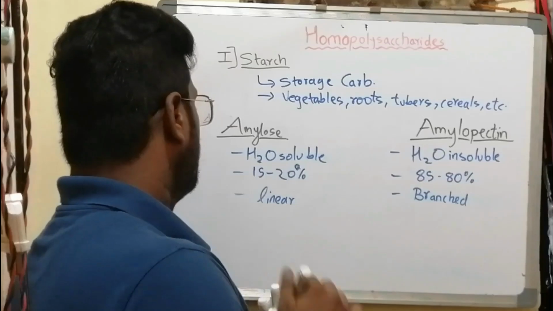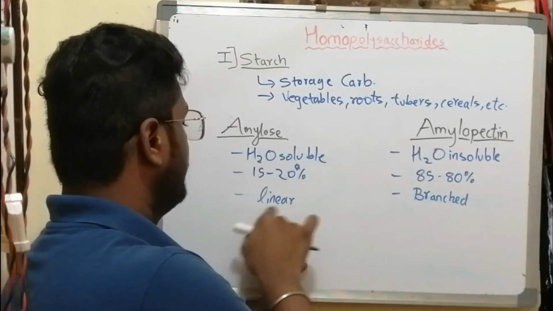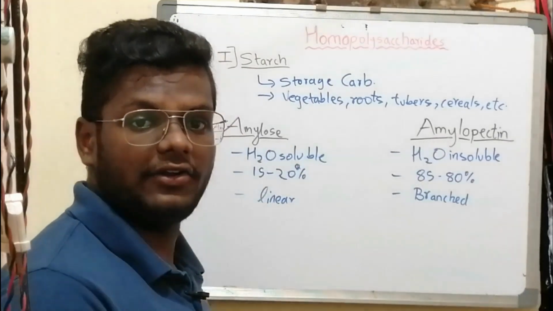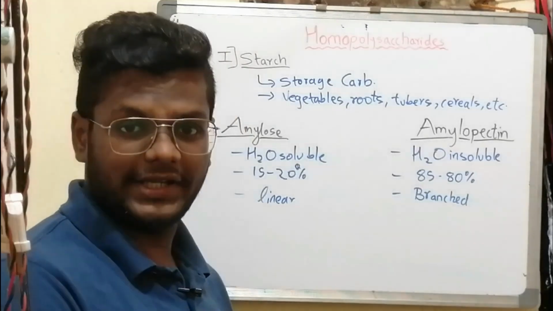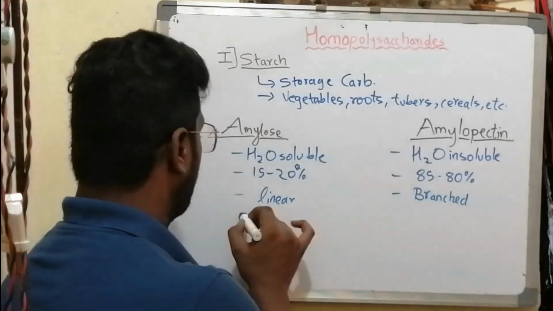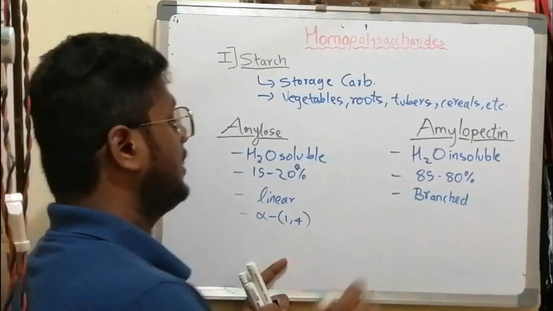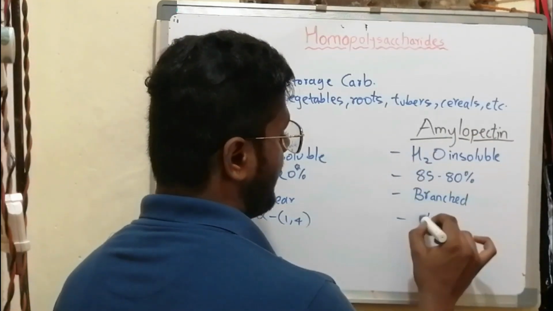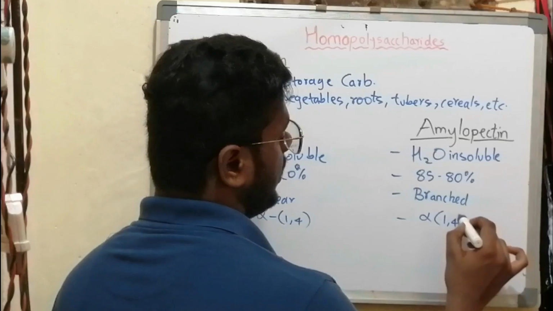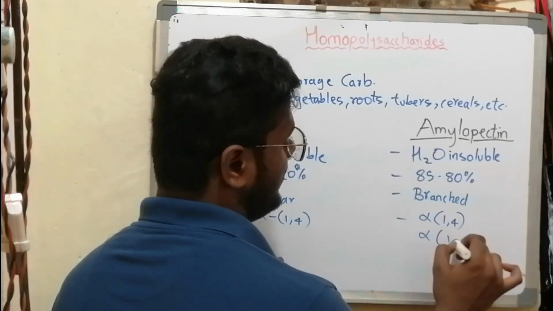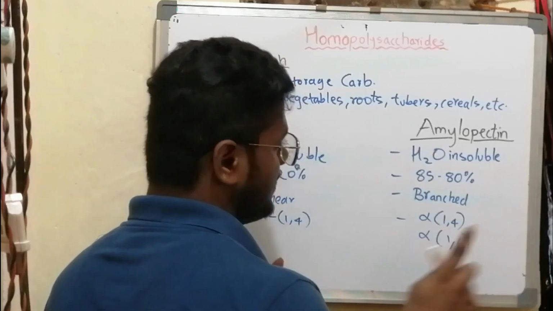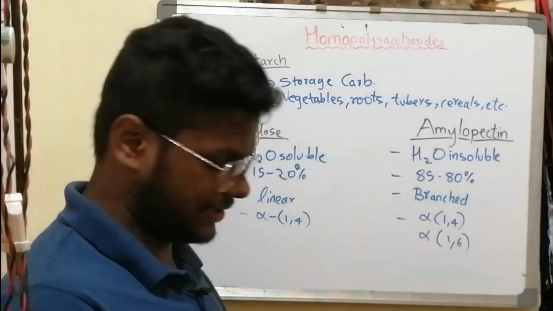So tell me, if the amylose is only linear, which kind of glycosidic bond can be possible here? Only alpha 1,4 linkages can be possible, right? And here in amylopectin we can have alpha 1,4 as well as alpha 1,6. The branching is usually present at alpha 1,6.